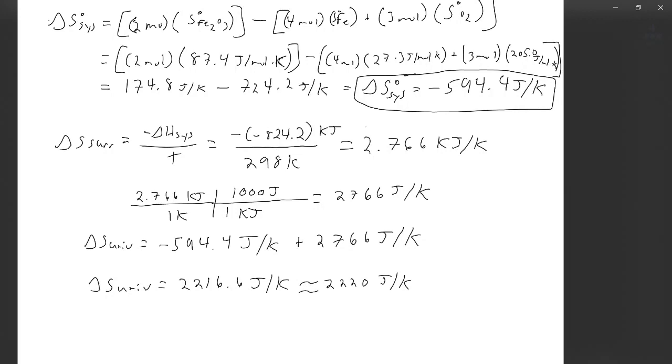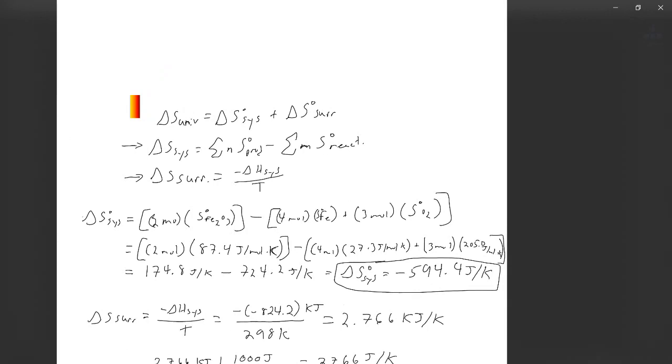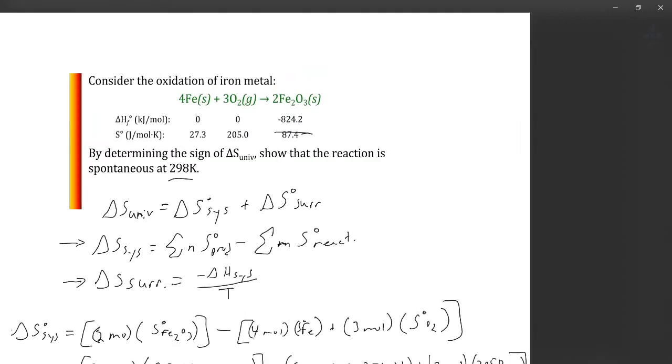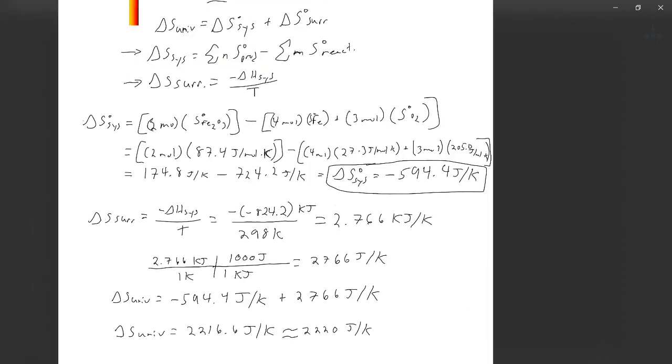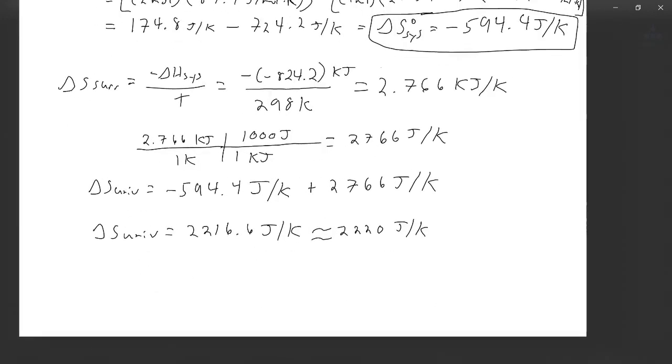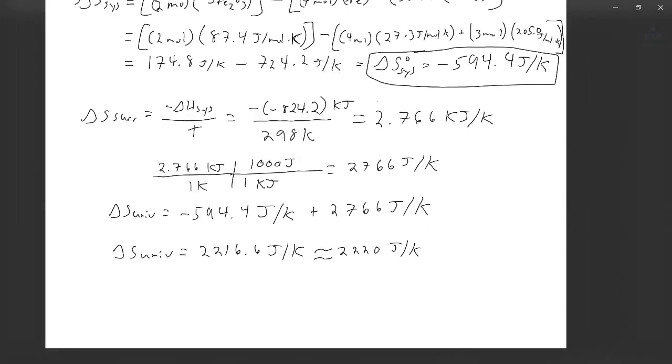And so now we need to look at what the question is actually asking us. So let's go back up. It says show that the reaction is spontaneous. So we calculated delta S universe. Now we want to know, is this reaction spontaneous or not? Remember, we said that for a reaction to be spontaneous and allowed, delta S has to be increasing. In other words, delta S has to be greater than 0.